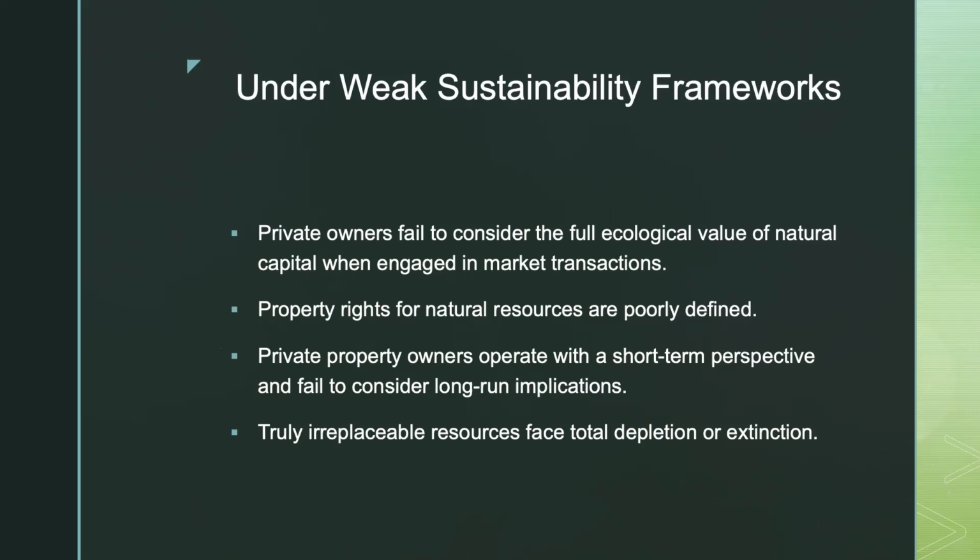Private property owners also therefore have to operate in a short-term perspective, almost business cycle to business cycle, rather than considering long-run implications, even intergenerational implications. And what it results in is, through our economic activity, the truly irreplaceable resources that are absolutely not substitutable by human-made capital face total depletion or extinction.